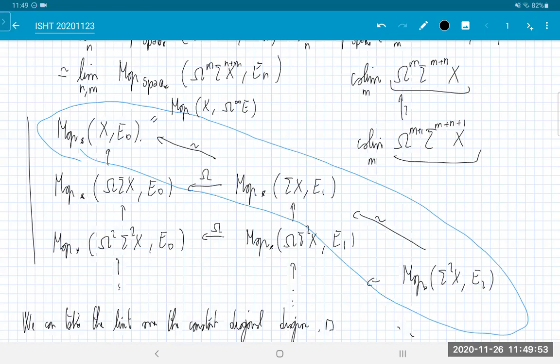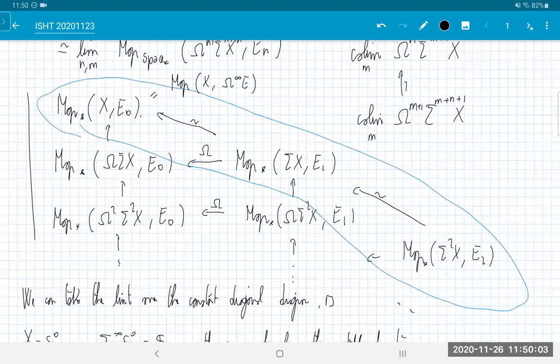And then you unwrap what it means, and you get this big diagram here. The limit of this big diagram is exactly the thing we want to conclude. But we know that this blue subpart of the diagram that I selected is given by equivalences. It's just a constant diagram, because E is a spectrum.